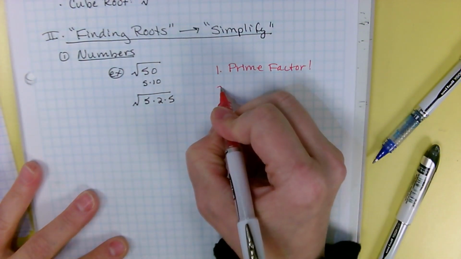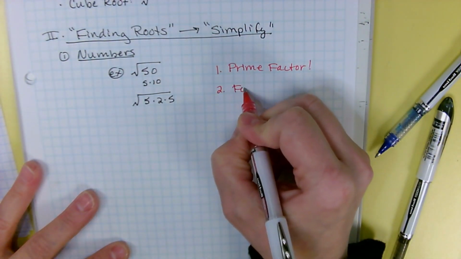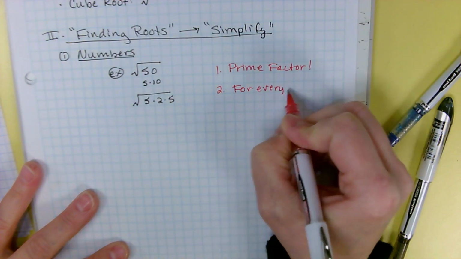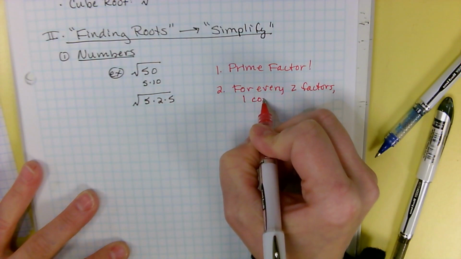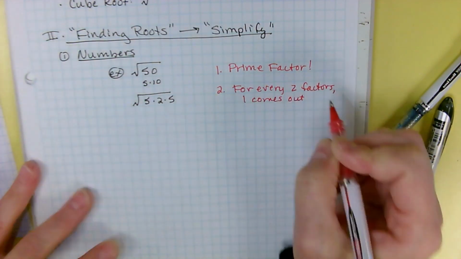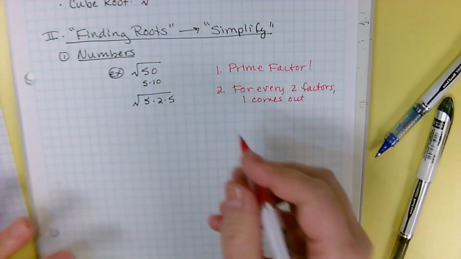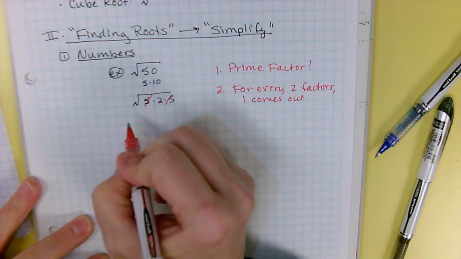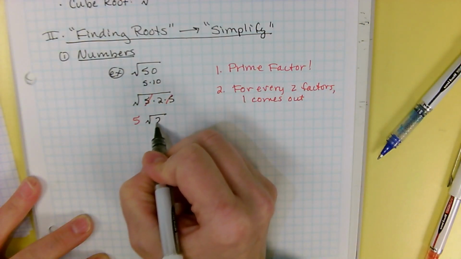Okay, and then the rule is, because this is a square root, for every 2 factors, 1 comes out. So because we have 2 5s on the inside, 1 5 goes to the front, and then all that you have left is a 2.